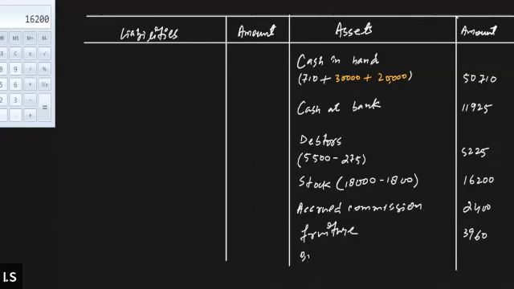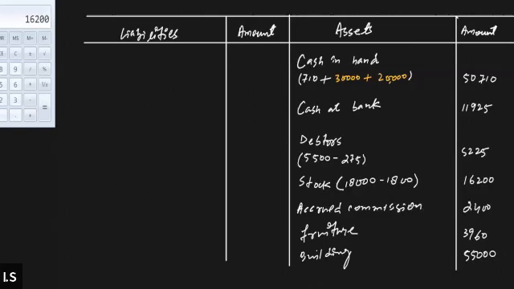And then there was the building as well, right? The value of the building was 40,000. After the increase in the value of the building, that means 55,000. Any other thing needed to be recorded on the asset side? We have cash in hand, cash in bank, debtors, stock, accrued commission, furniture, building. That's it, I guess.